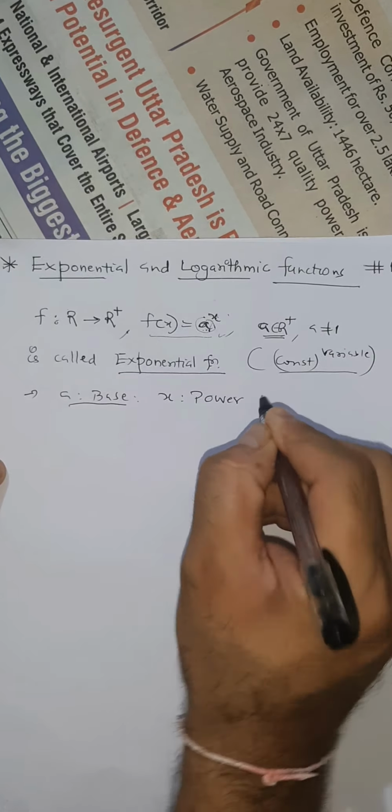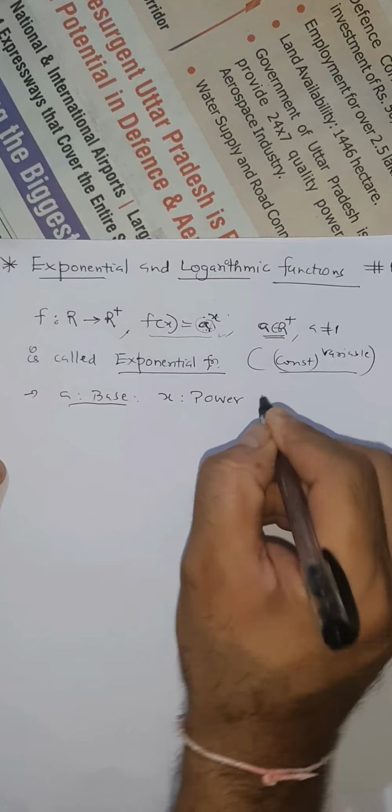Not only that, if you take different x1 and x2, for any exponential function, their images would be different. You can just verify. So it means that the exponential function is one-one. So it's one-one and onto both, so it's bijective.